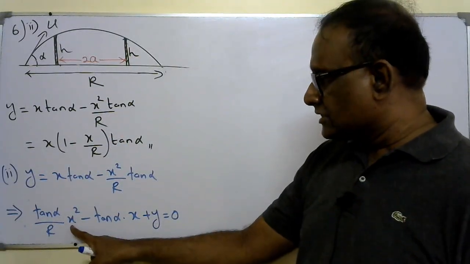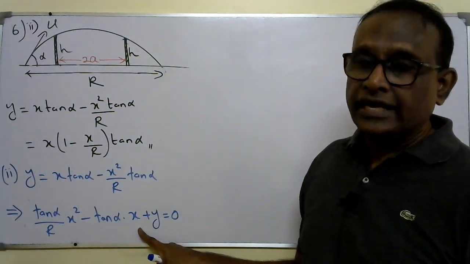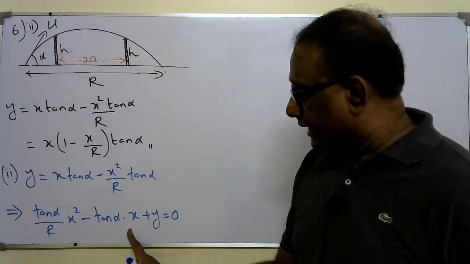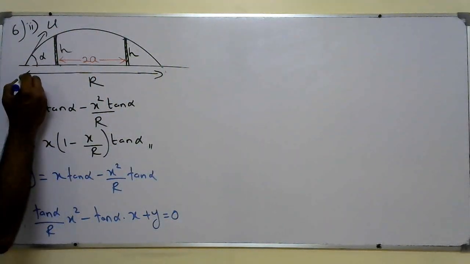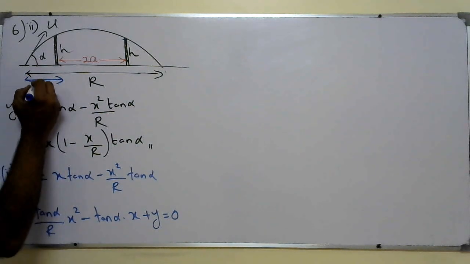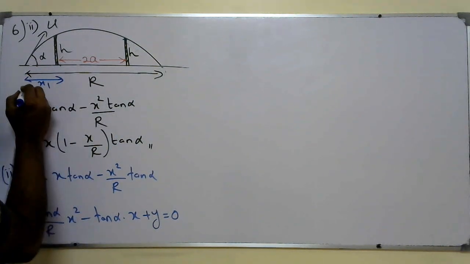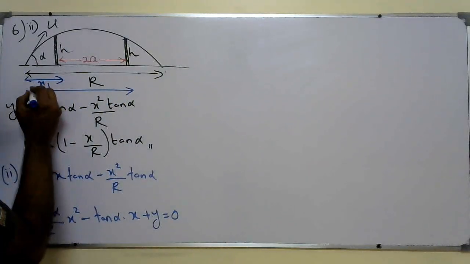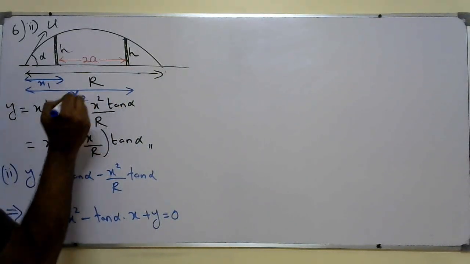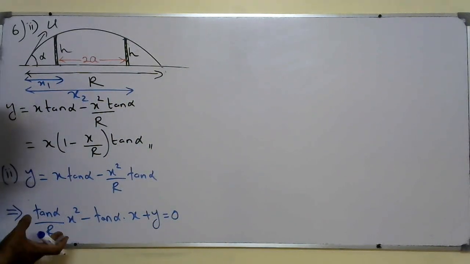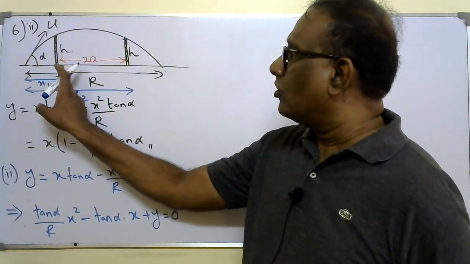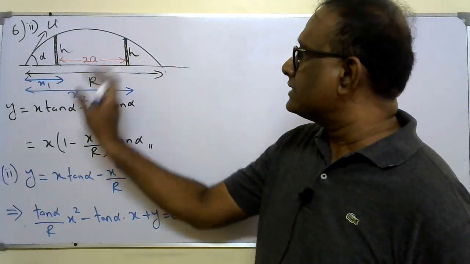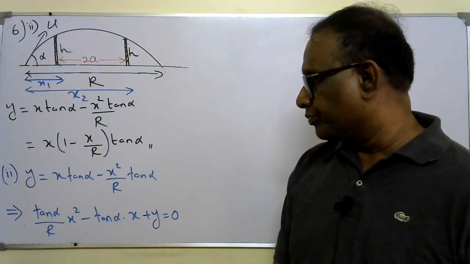So x has two solutions, two real values, two roots should be there, x1, x2. x1 indicates the distance of the first wall, and the x2 indicates the distance of the second wall from O. x1, x2 are the roots of this quadratic equation in terms of x. X are the horizontal distance of the first wall and the second wall from the initial point O.